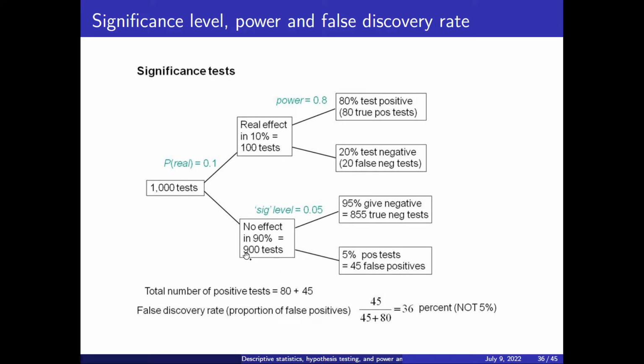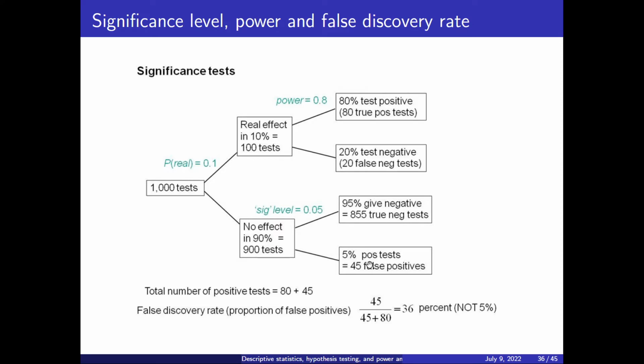These 900, you have a significance level of 5%. So that means that 45, that is 5% of 900, will be false positives. So you will think that the compound is really making an effect, but it is not making any effect. So you have 45 false positives, and for the rest, you correctly identified that they don't have any effect.